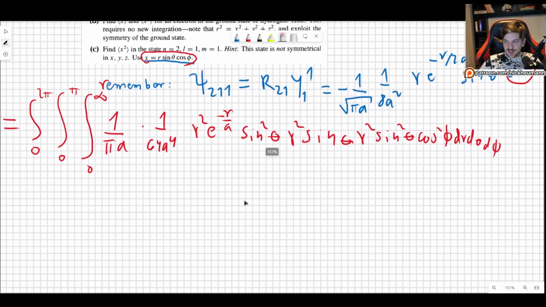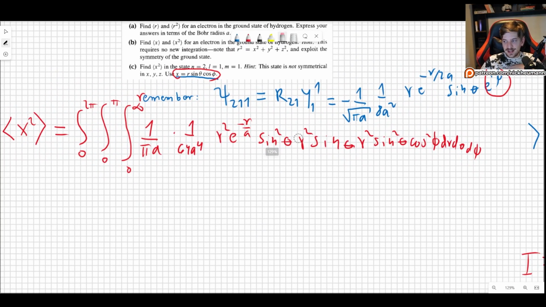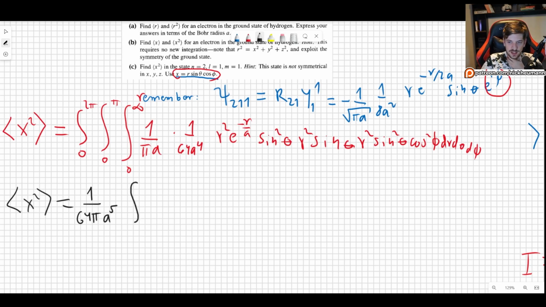Okay, so what is this? So here, let's see. The expectation value of x squared, let's take out our constants. So this would be 1 over 64 pi a to the 5th. And that's it. Now let's separate each one of the integrals. So 0 to infinity, this is the radial part.